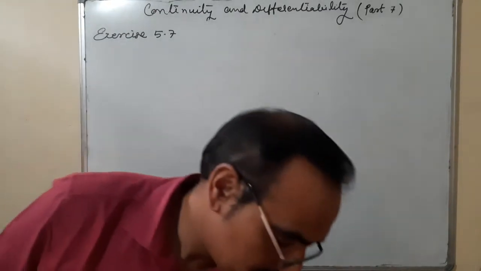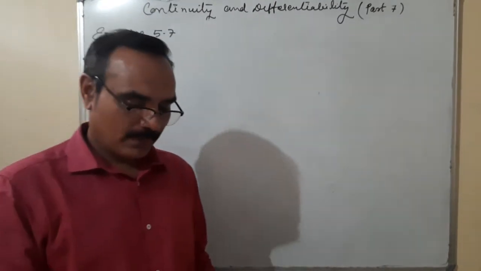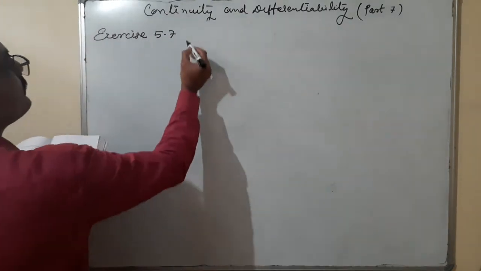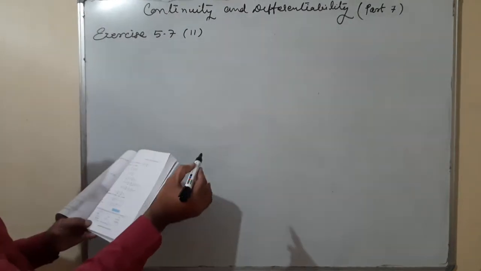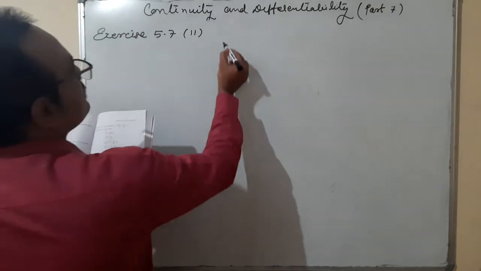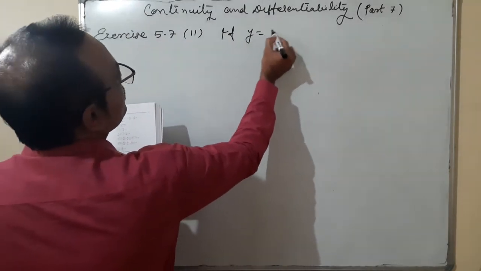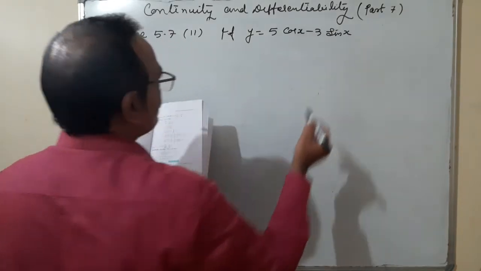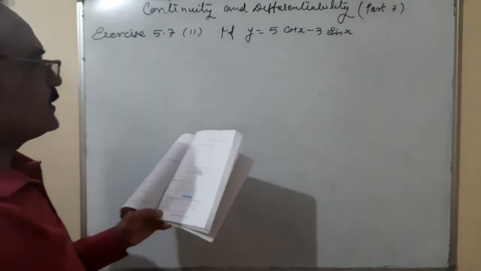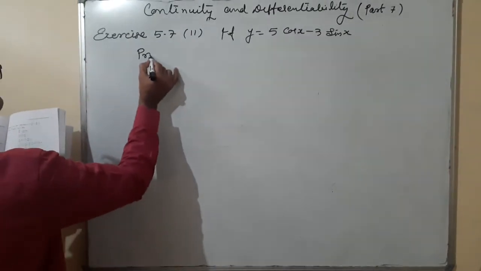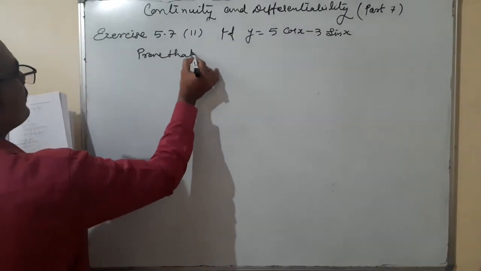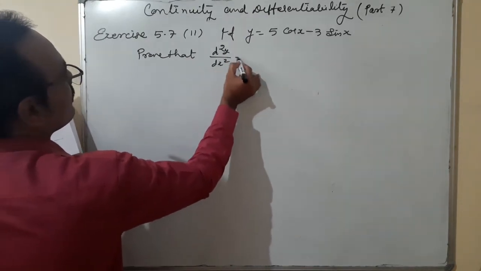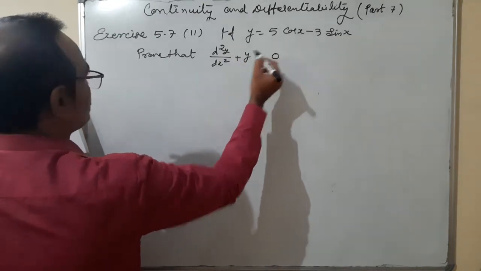Now we are taking a different type of question, question number 11. y is equal to 5 cos x minus 3 sin x. If y is equal to 5 cos x minus 3 sin x, prove that d square y by dx square plus y is equal to 0.